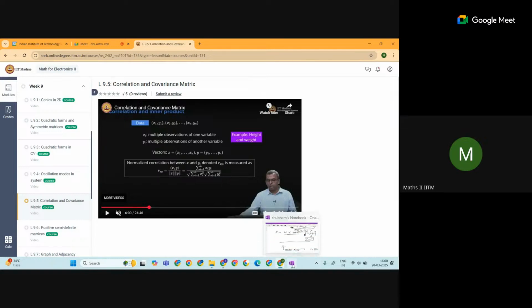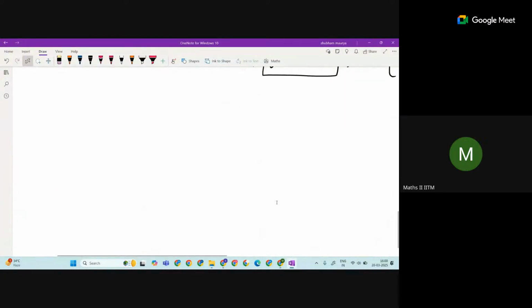We have some data. Data means, in the coordinate plane we have seen, where we denote points like 1, 2, 3, 4. Like this we used to denote the points.